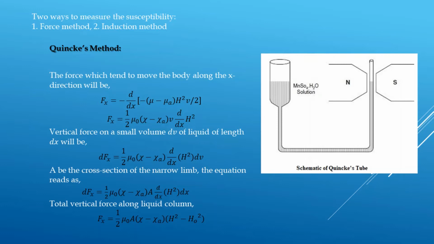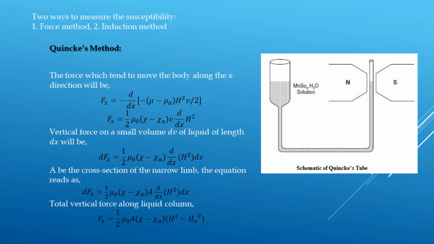Now, since the material, the medium, here it is the solution, it replaces the surrounding material, that is air, whose potential energy would be mu a h square into v by 2, right?